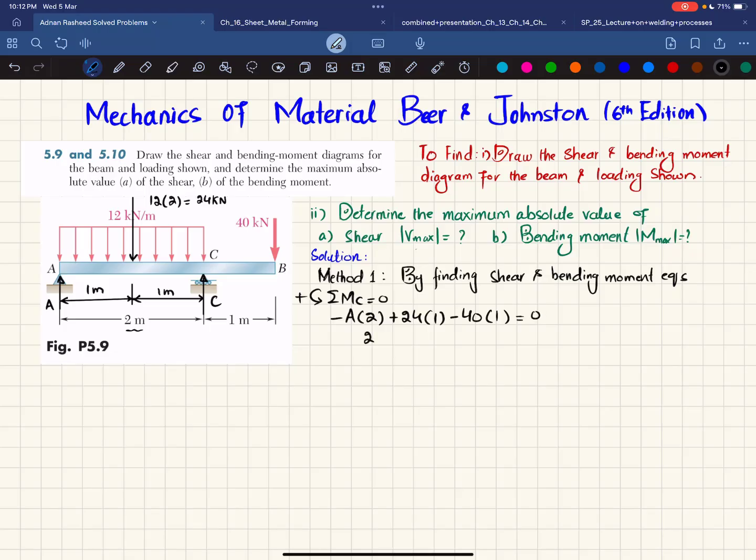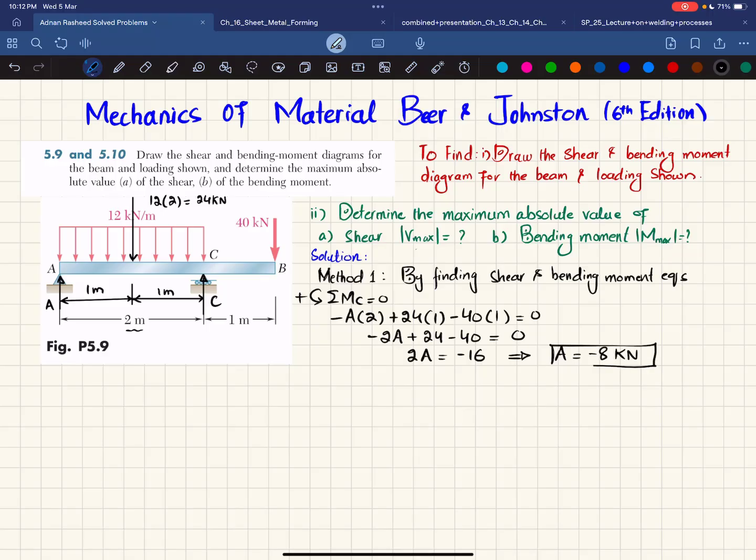Sorry, let me do it step by step: minus 2A plus 24 minus 40 is equal to 0. So 2A is equal to minus 16. From here you can see that A will be equal to minus 8 kilonewton.